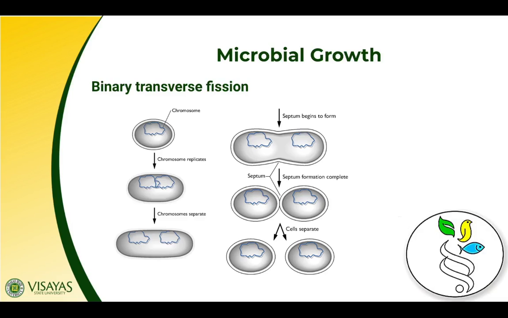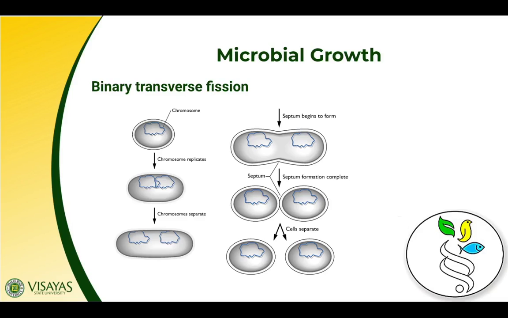Now, aside from binary transverse fission, some groups of microorganisms also reproduce via budding or polar growth. So, in both cases, a small protuberance or a bud forms on the mother cell and will enlarge as growth proceeds.